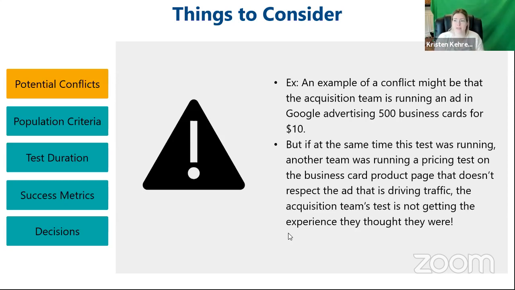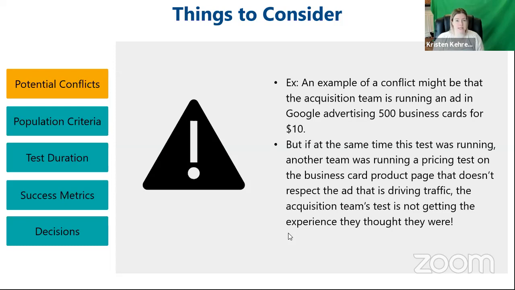So an example of that might be if you're working for a business card company and in Google Ads, the acquisition channel team is trying to see their ad performance or see how the landing page is working after they drive from Google to that landing page, right? So they're doing tests there in their Google Ads with different words, different messaging to see what people will click on.